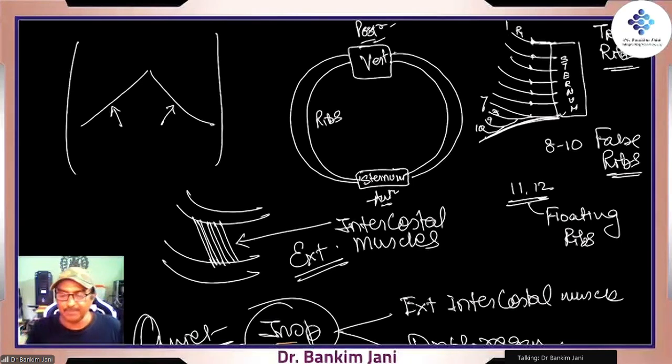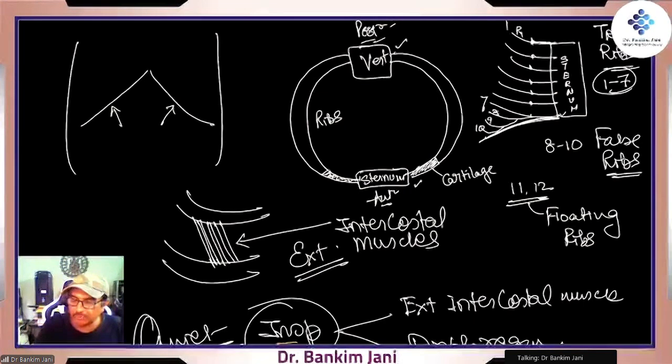So when I say ribs 1 to 7 land on the sternum, this much portion is cartilage. This occurs from 1 to 7. That's why we call them true ribs.